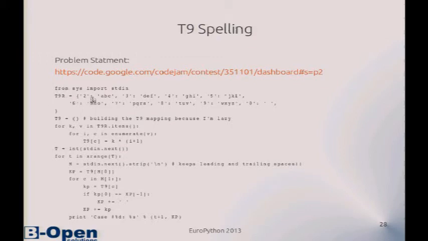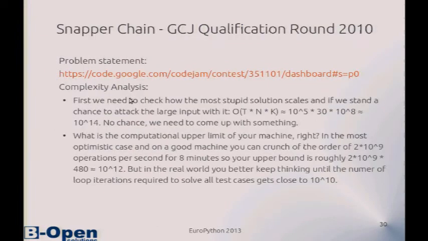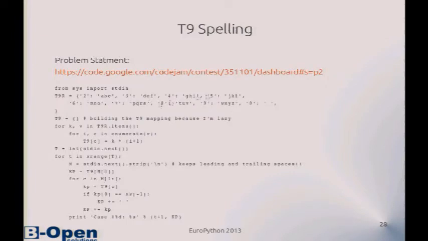I wrote the simplest inverse. I basically say that A, B, C are the 3 letters that are on 2, D, E, F are the 3 letters that are on top of 3, etc. Then I built the reverse mapping from the text.